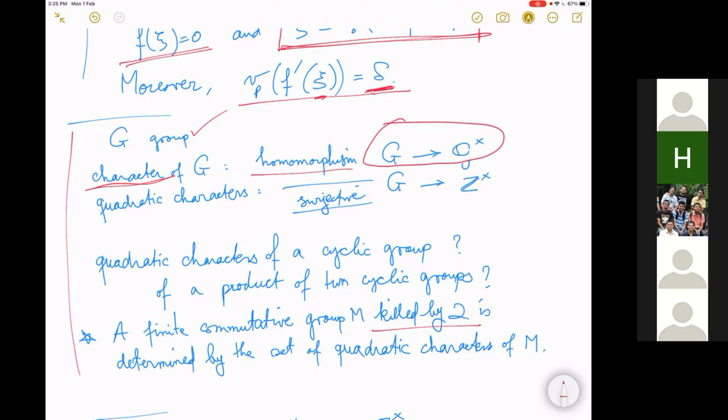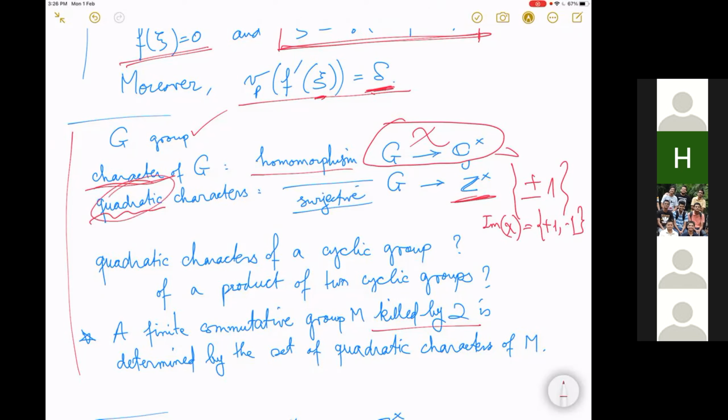Of course, you have the trivial character. Then there are these quadratic characters. These are the ones whose image consists of plus minus 1. Plus minus 1 is a subgroup of C star. And if the image of your character, let's call it chi, is equal to the set plus 1 and minus 1, then you call it a quadratic character.